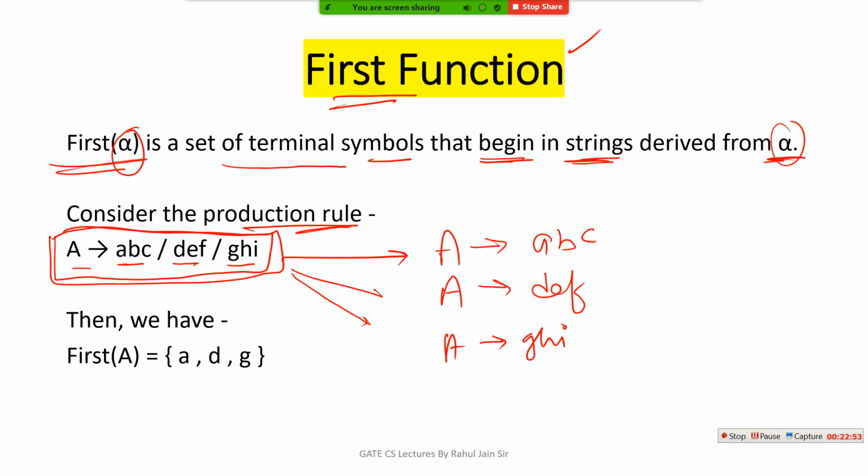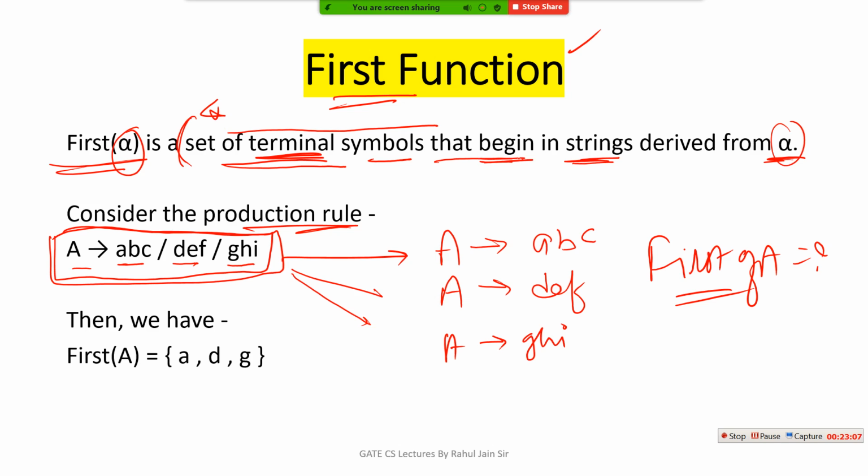If the question is what is first of A, look here, first of A is the set of terminal symbols that begin a string.